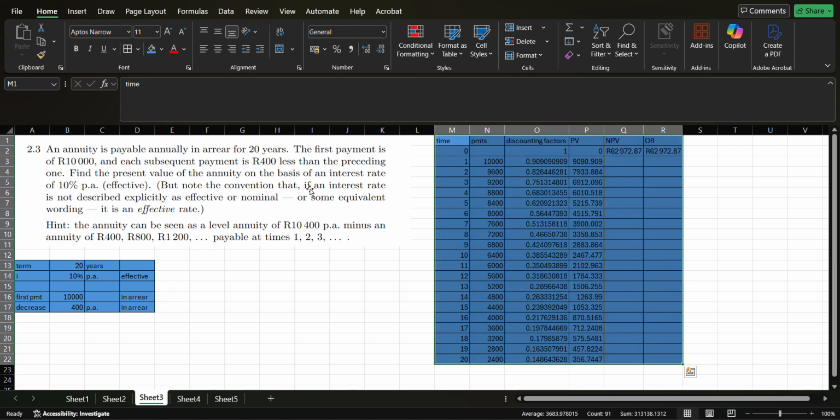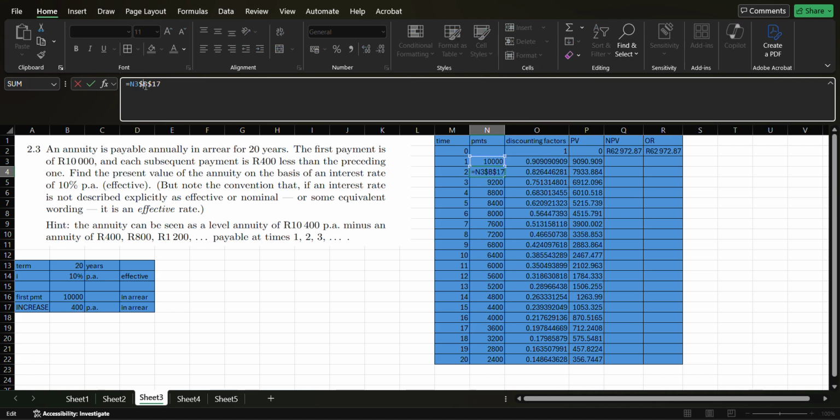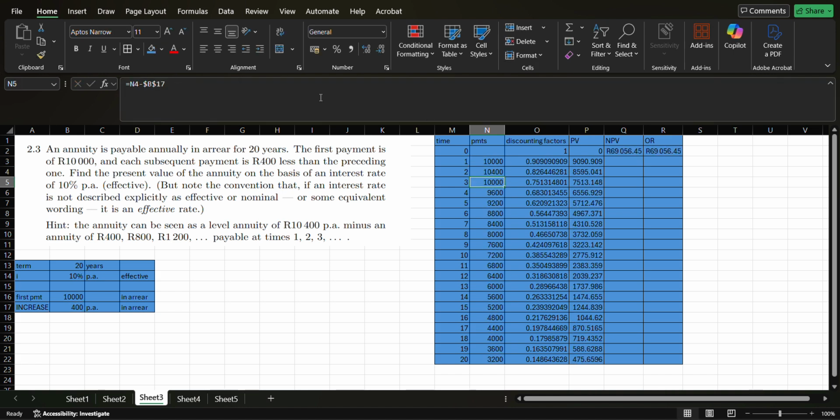I'm going to highlight it. So yeah, that's how you get a decreasing annuity. If this was an increase, so let's say instead of decrease you had increase here, what would change is that you'd have exactly the same formula, but you'd have a plus here. You'd have a plus here, and then that's the formula that I'll drag down.